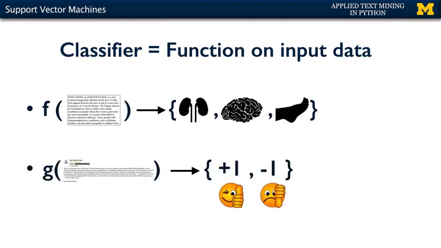Or another function looks at a movie review and decides it's positive 1, which stands for a positive review, or negative 1, which stands for a negative review. It's typical to assign numbers like positive 1 or negative 1 to classes, and that's what support vector machines or any other linear classifier typically use.